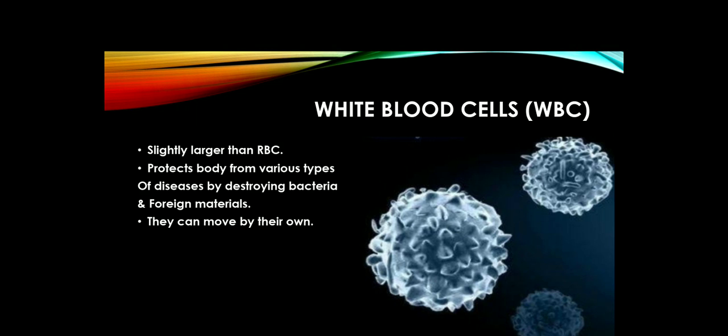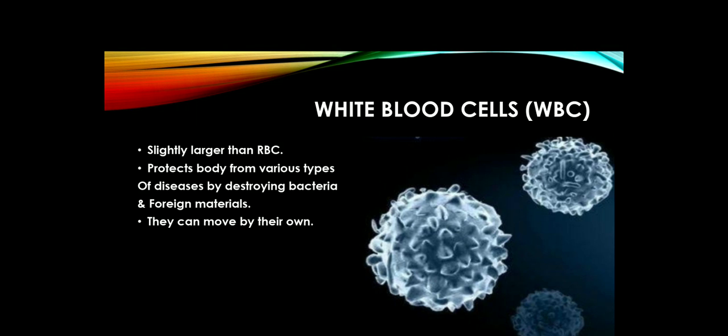In nature there are different types of germs and different foreign materials that will enter our body. So who will fight against these foreign materials and bacteria? White blood cell will fight. They will kill those germs and foreign materials and protect our body from different types of diseases.